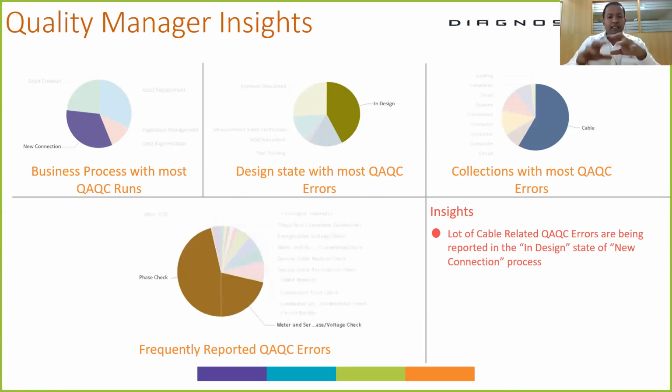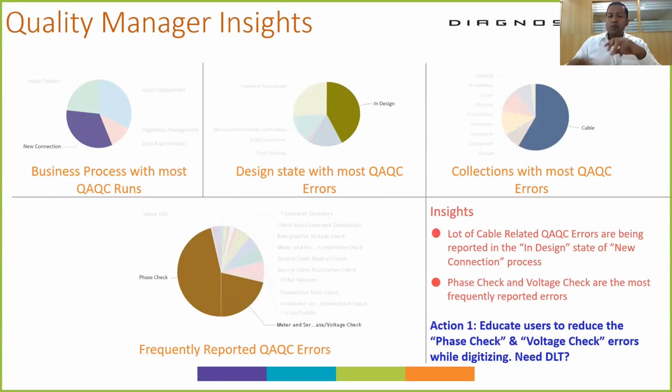So once again, I see that two checks are most frequently reported. The one with the phase here, and the other one with a voltage check. Now, these two insights have given me my first actionable item, which is to educate my users to reduce the number of phase check errors and voltage check errors which are being reported during digitization.